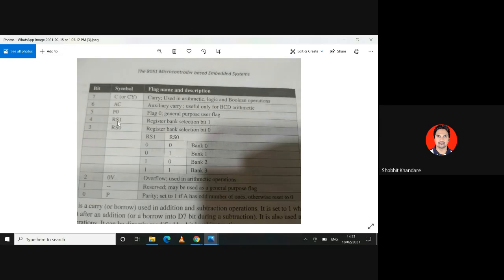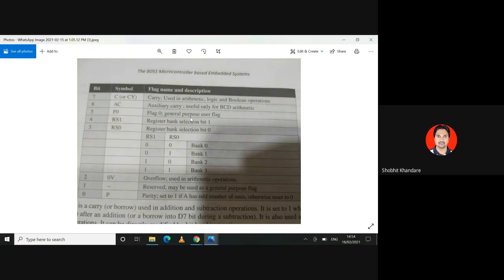Now we will move to the next bit, that is bit number 5, and bit number 5 is F0, flag 0. Now this flag 0 is a general purpose user flag. This is not used. So for this you can write down: flag 0, which is available to the user for general purpose.